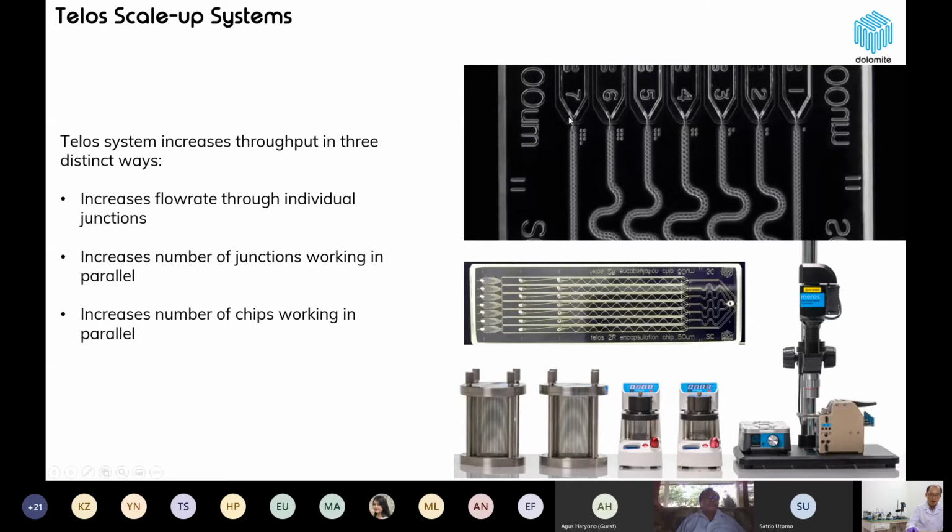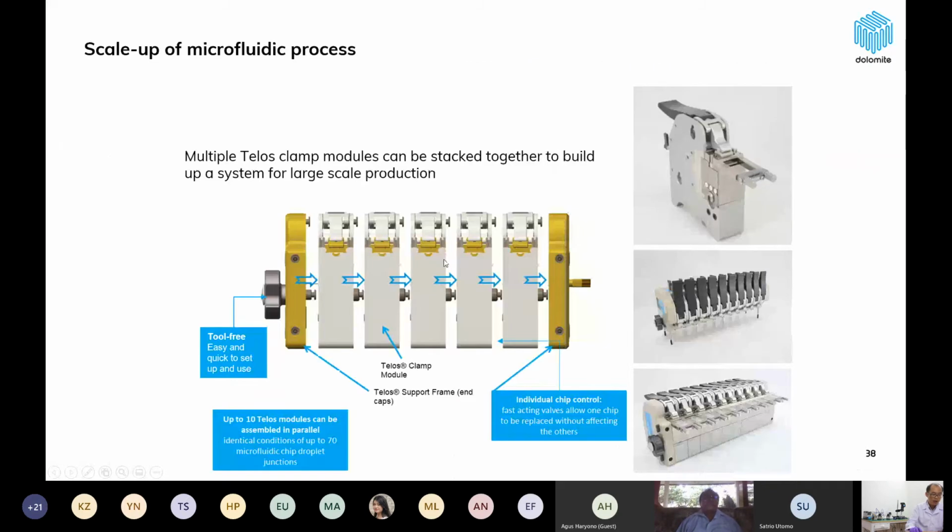In our Telos chip, we can make a 7 chip junction. We can work in parallel, so we can increase the production up to 7 times with one chip. And we can integrate or stack the chips, up to 10 chips working together, by using our Telos modulars, which are shown in this slide.